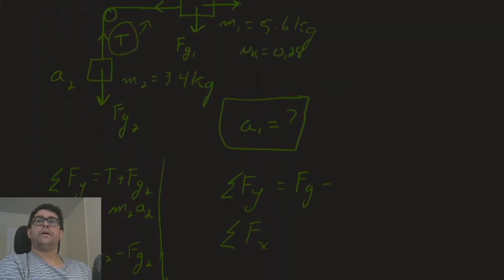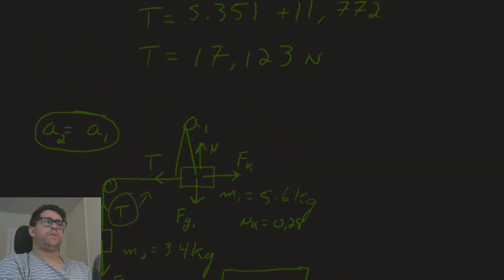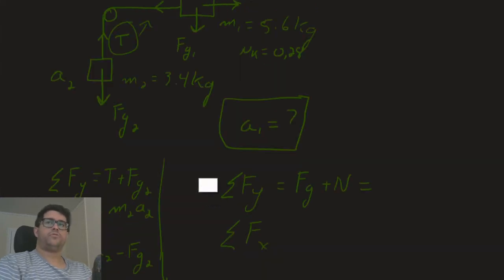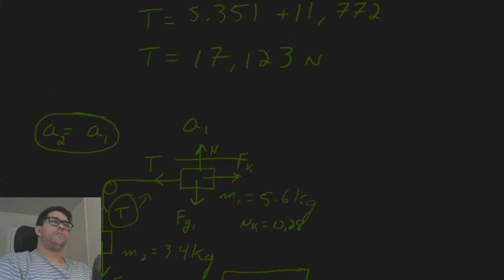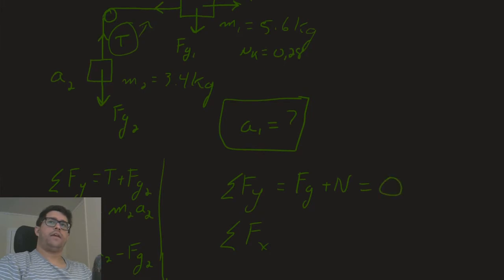Fg and N. And those are equal to 0 because the block itself is not jumping up or down, right? There's no movement in the y direction, but there will be movement in the x direction. If there's no movement in the y direction, then this part is 0.